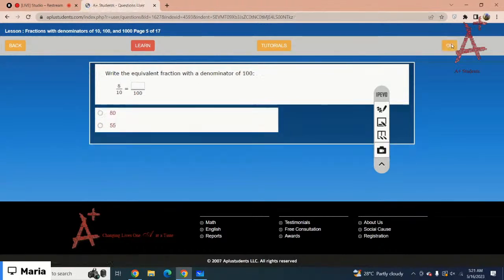Write the equivalent fraction with the denominator of 100. So which is the correct option? Yes, it would be 80 divided by 100. The correct option is 80.